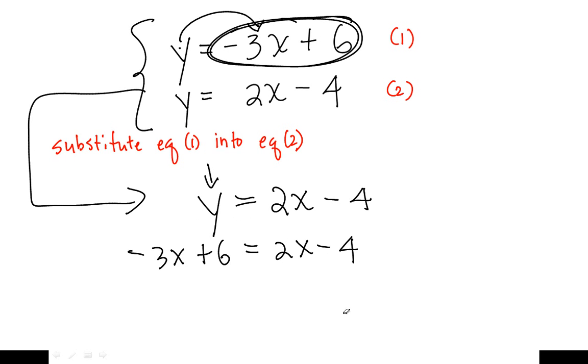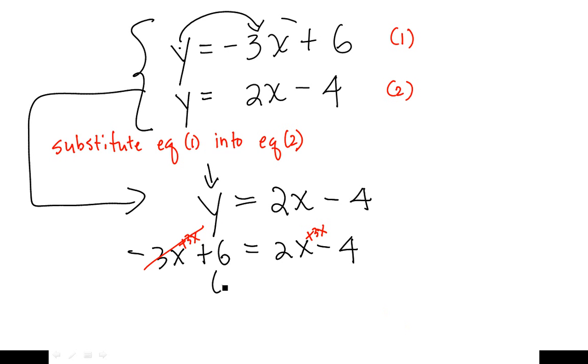So basically all I'm saying is, instead of writing a y, I'm putting negative 3x plus 6 in its place because y equals negative 3x plus 6. And what we can do now is just solve for the letter x. So we can add 3x to both sides, and this cancels.